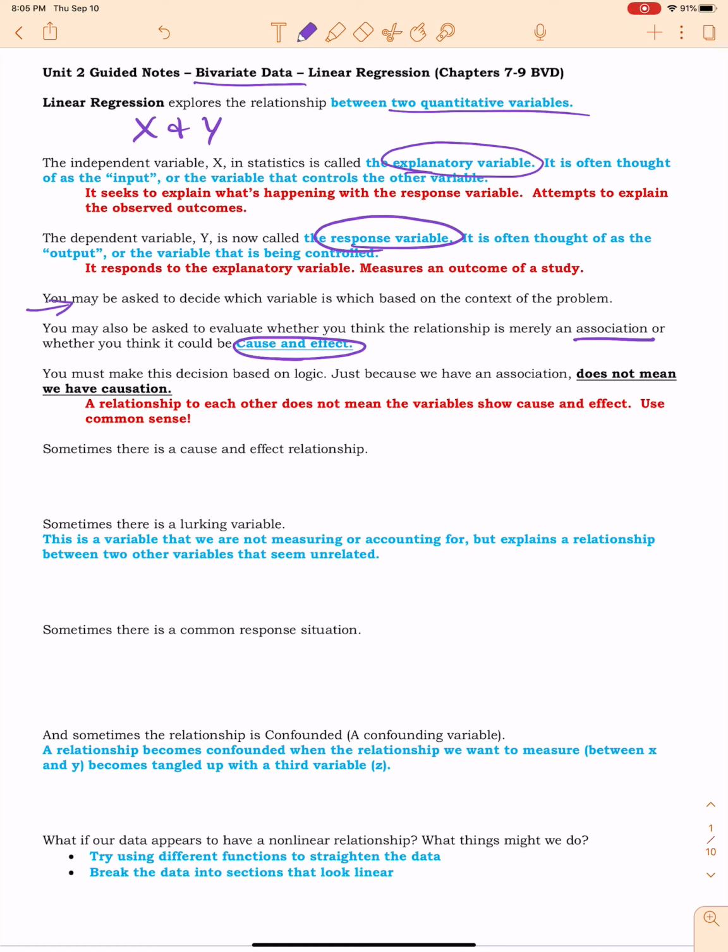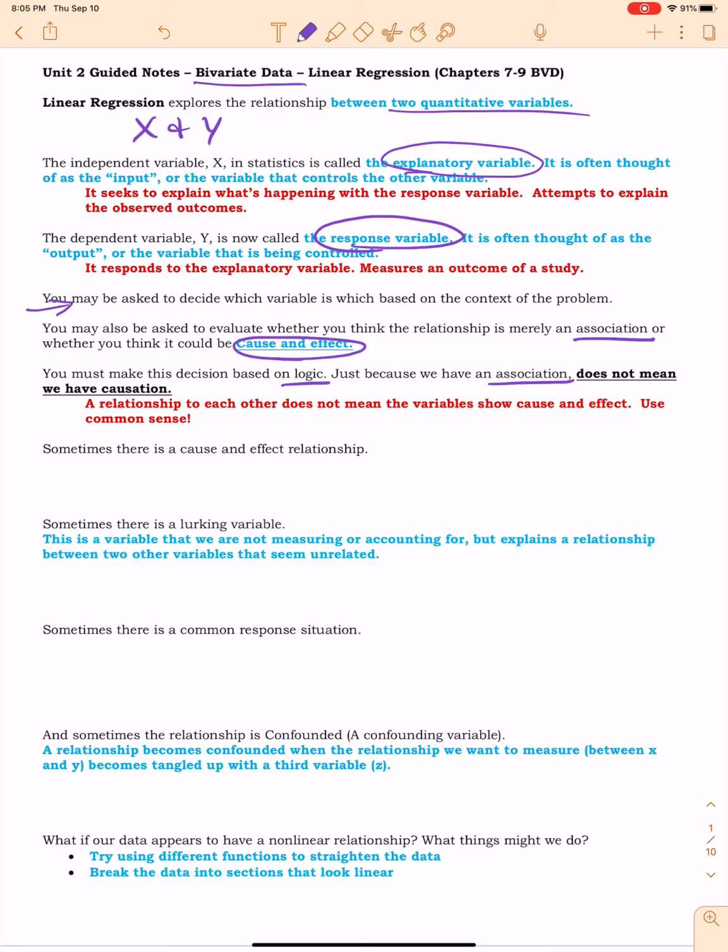You are making this decision based on logic, and just because you see an association does not mean there is causation. So the goal of linear regression, the goal of Unit 2, is not to determine if we have a cause and effect relationship. It could be a cause and effect relationship, but that's not our goal.